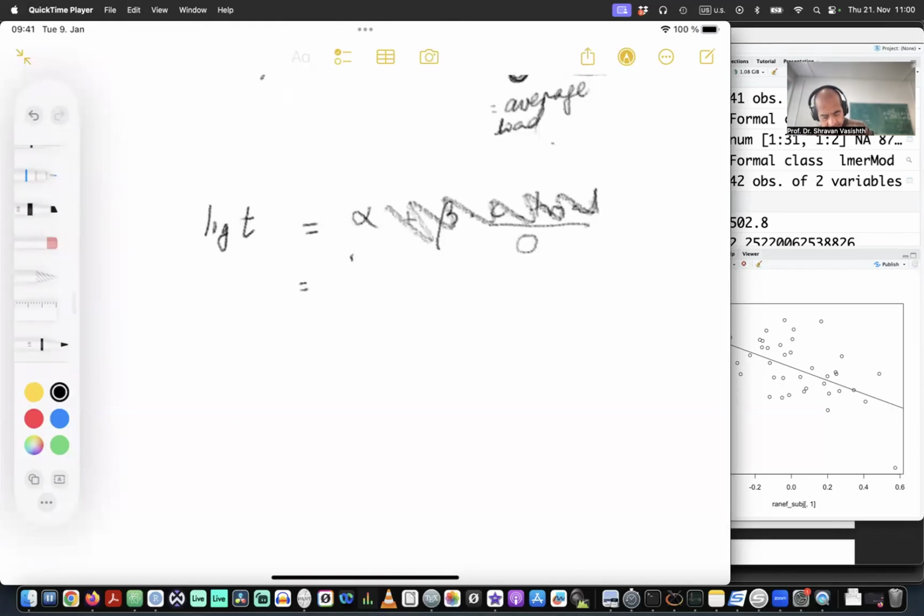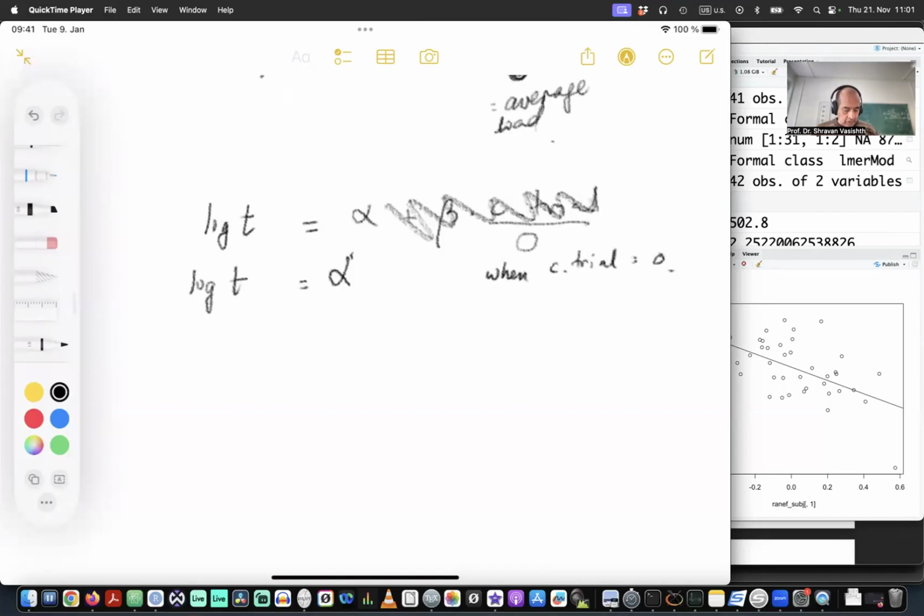Therefore, when the centered value is 0, the expected button pressing time is log t, when centered trial is 0, right?